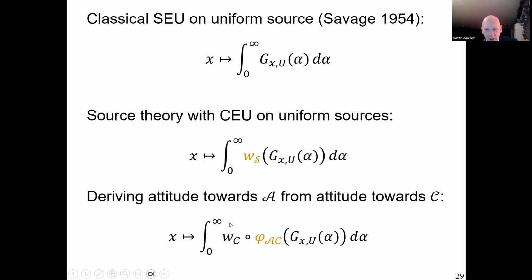Here you can use the source function for risk, for the probability transformation function. And then here you put the P matcher from A to C. So these two together are the source function, the one from the theorems on the previous slide, for ambiguity. So bringing in ambiguity is simply bringing in this transformation.